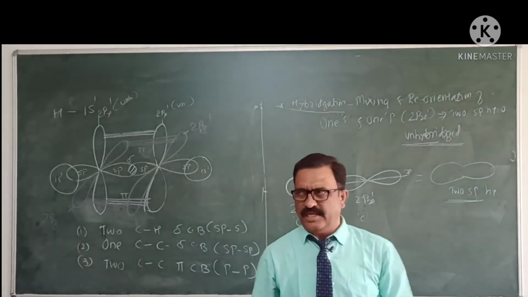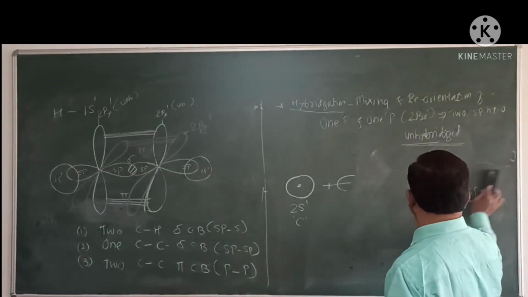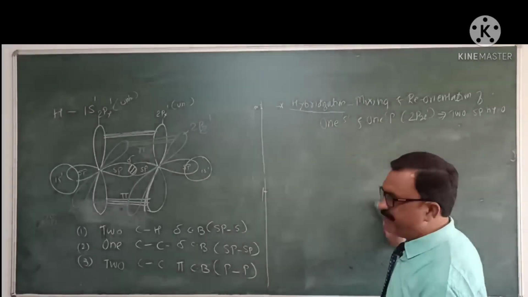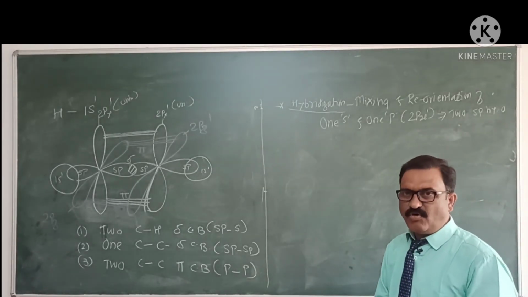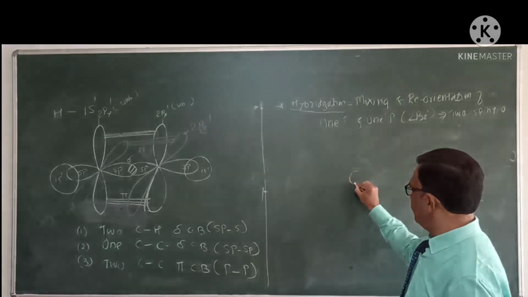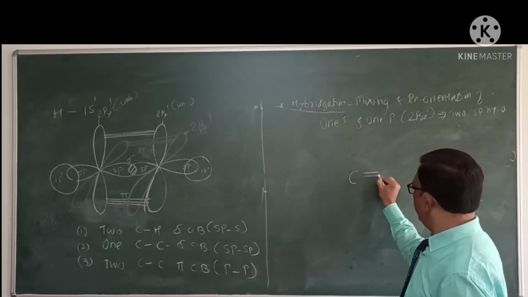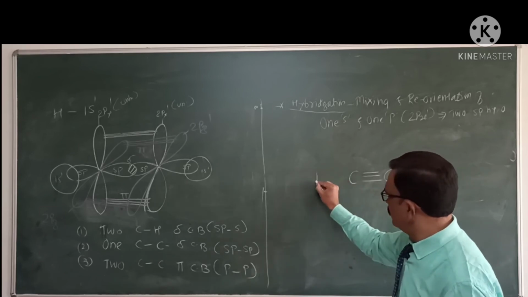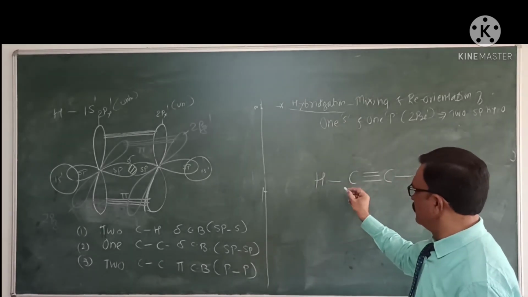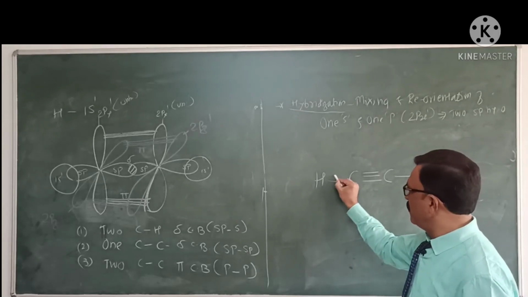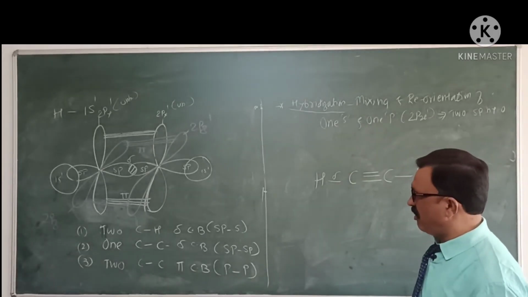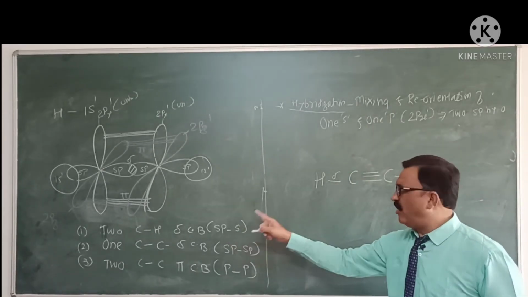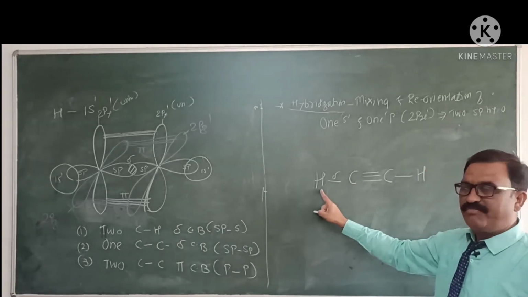Okay, in short we can represent the acetylene molecule like this: hydrogen, carbon triple bond carbon, hydrogen, with carbon-hydrogen single bonds, a sigma covalent bond formed by sp of carbon and the s orbital of hydrogen.